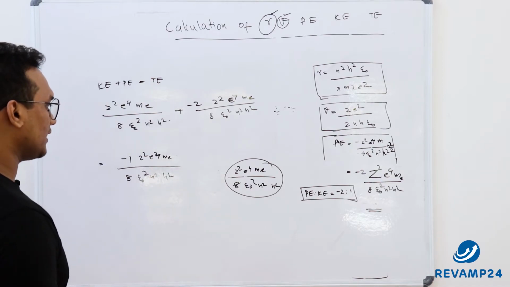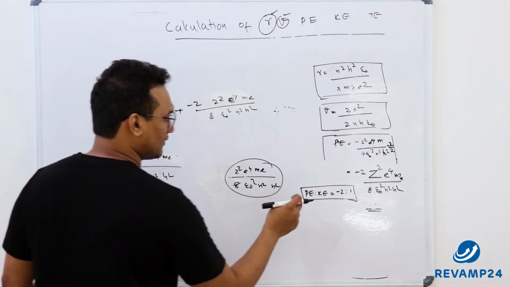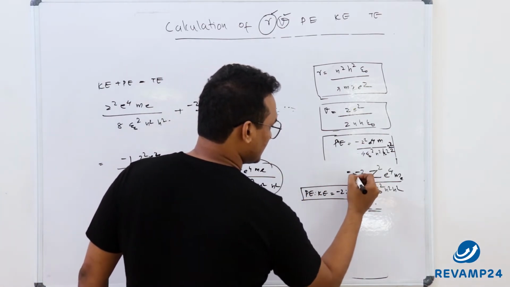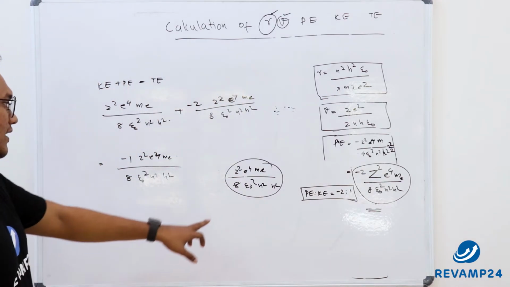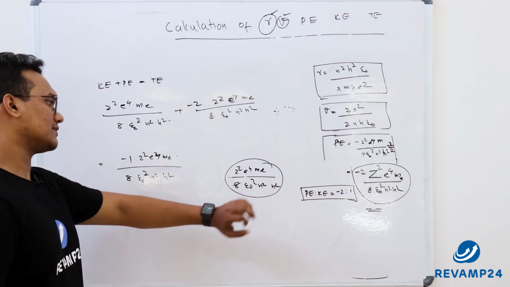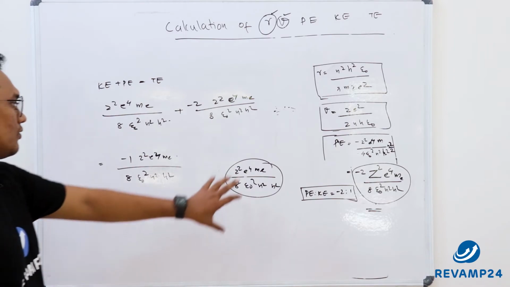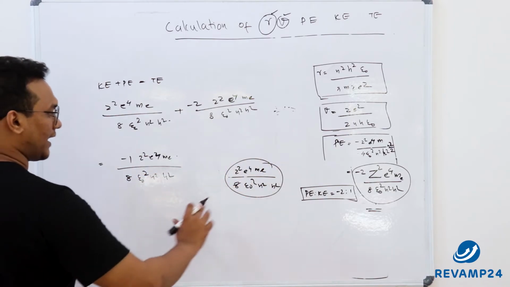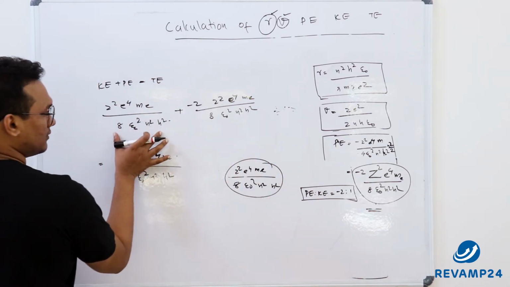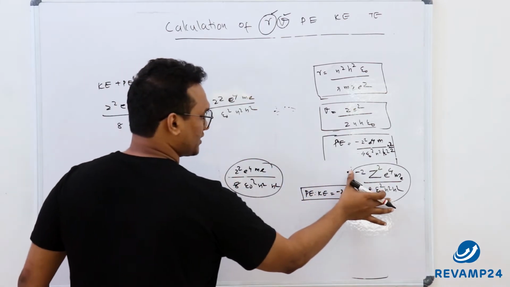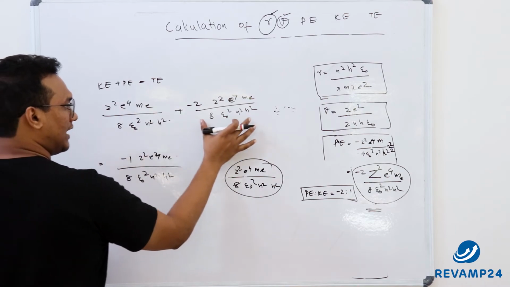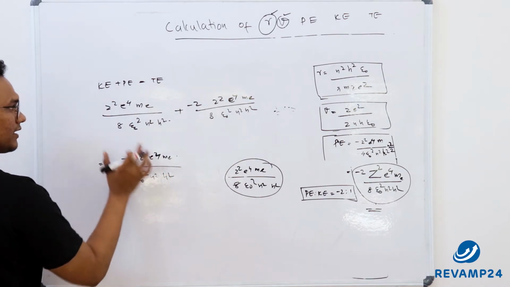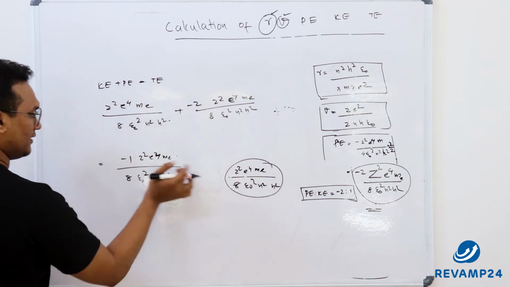So what we have seen here, what is the value of potential energy? Potential energy is this one. And what was the value of kinetic energy? Kinetic energy is this one. Now, when we have added kinetic energy plus potential energy, we had the common denominator, we kept it here, and this minus this will be minus of this one.